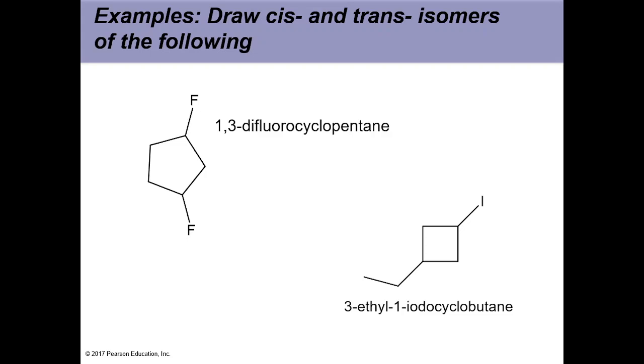You can pause the video here and see if you can draw it yourself. Practice how you're going to draw the wedge line or dot line. So with cyclopentane, you can have two substituents.